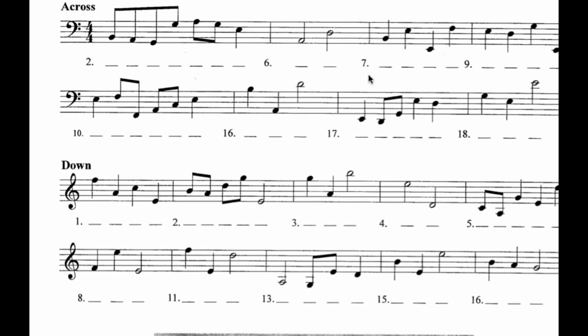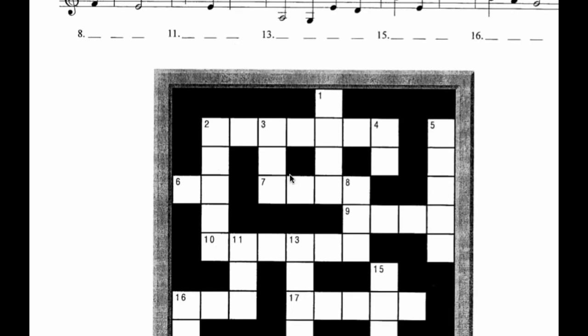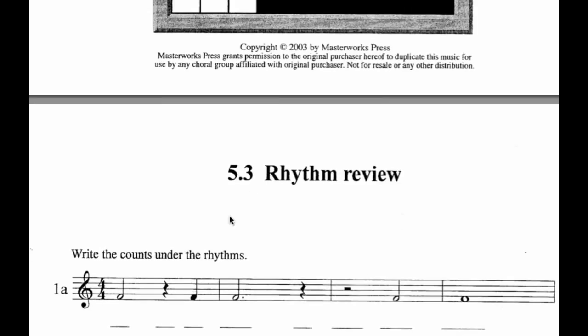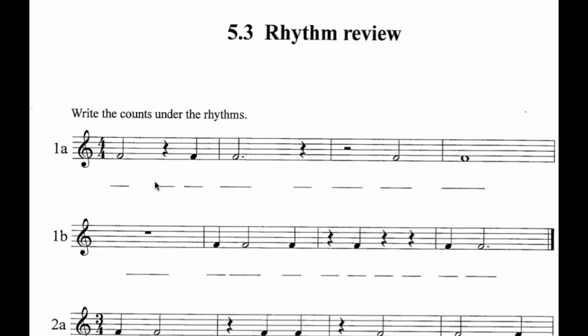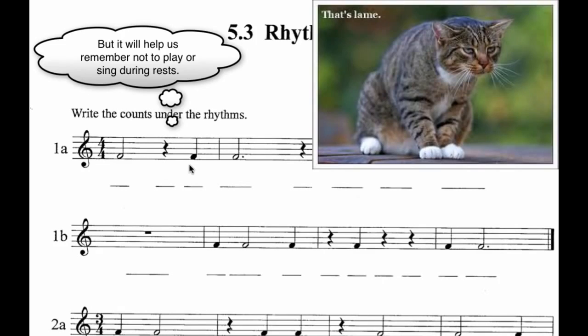Crossword puzzle, name these notes. Put the words that you end up spelling into this crossword puzzle. And the last worksheet for Quiz 5 reviews our method for counting rhythms, 1-2, parentheses 3, R. And we do parentheses around the beat that rests fall on and write R underneath for rest.